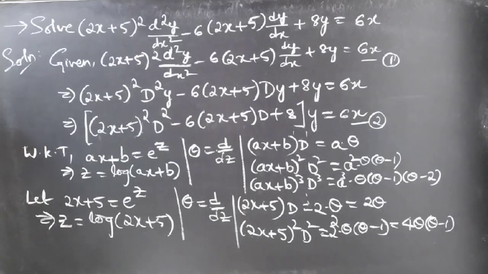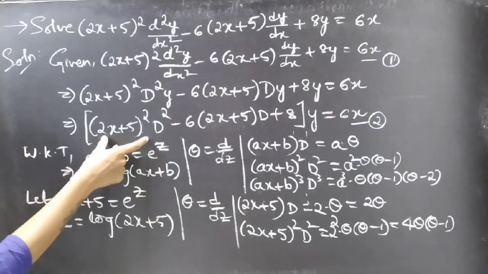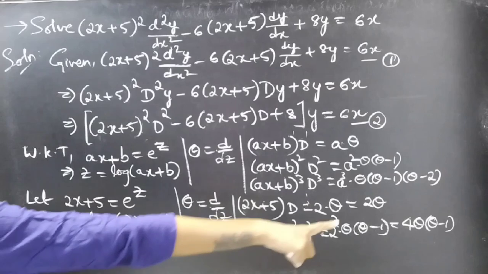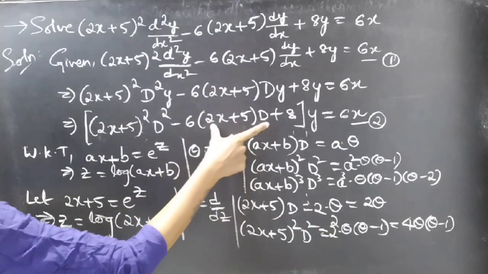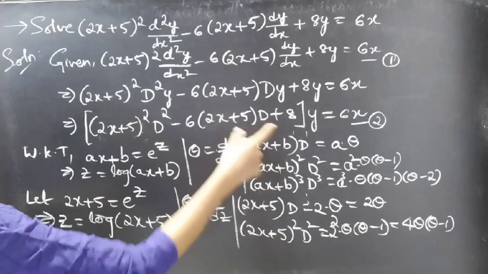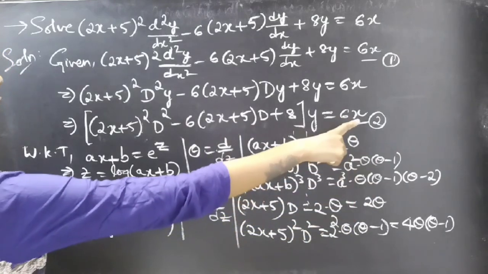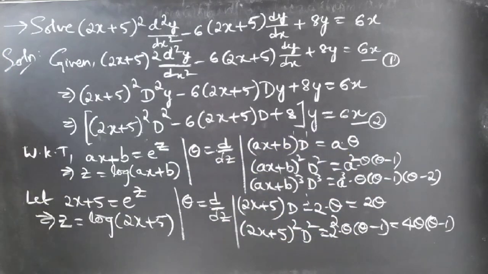Now let's replace (2x+5)² D² by 4θ(θ−1) and (2x+5)D by 2θ, and we'll replace x in terms of z.